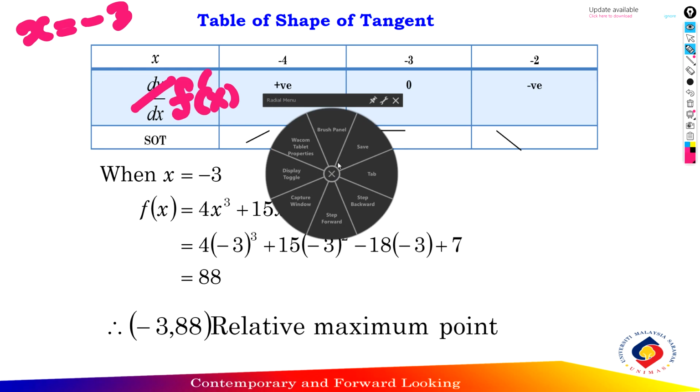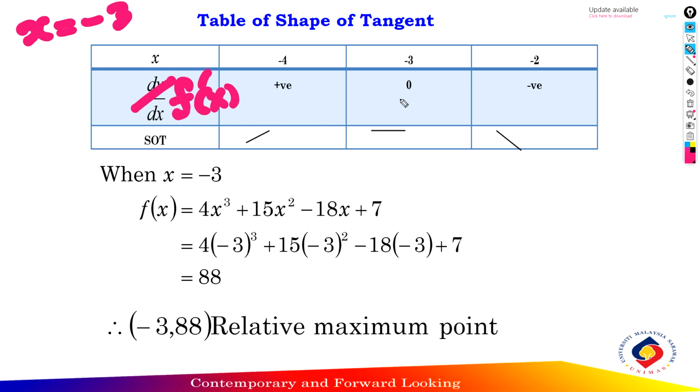Okay, the second value of x equals negative 3. So from the left of the function, negative 4 is the nearest value, and the other nearest value is x equals negative 2. So you substitute negative 4 into the first derivative, and the sign is positive, and the shape of tangent increases.